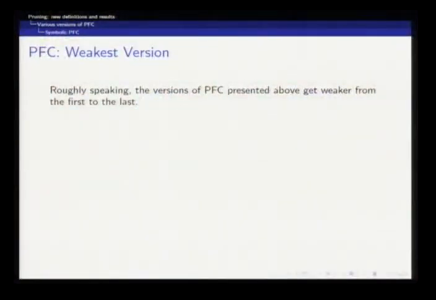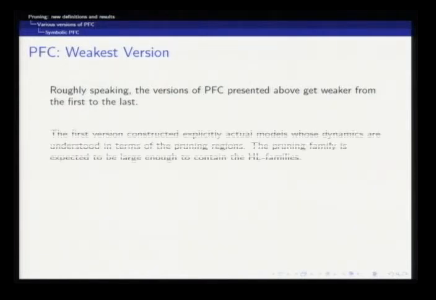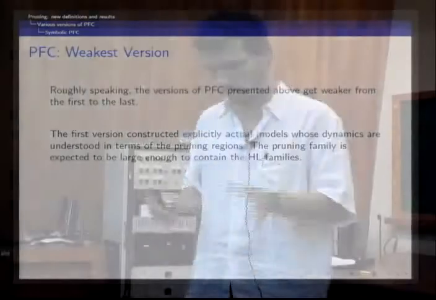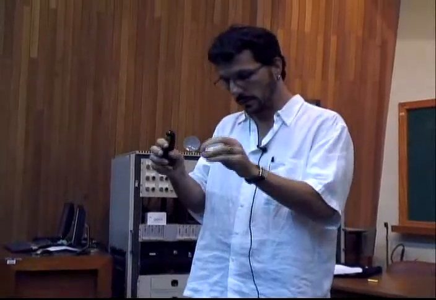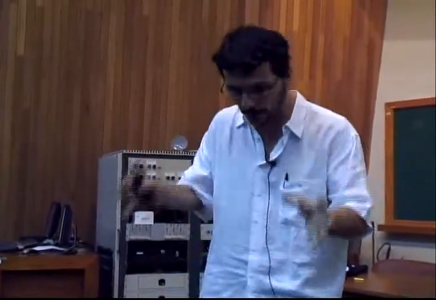I'll get to it, but roughly speaking, what we talked about was decreasing in intensity as we went on. So the first version constructed explicit models for the dynamics, right? So you say, I take the horseshoe, I take a region that I know what to do with, and then I go there and I construct an isotopy.